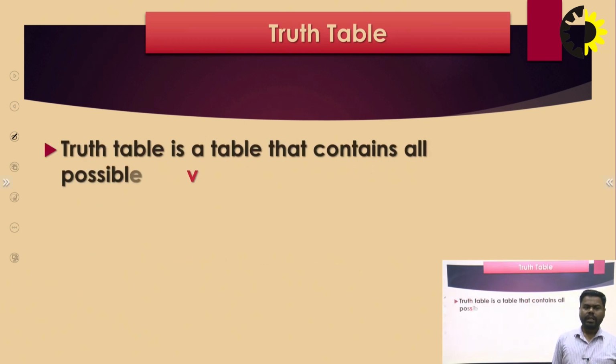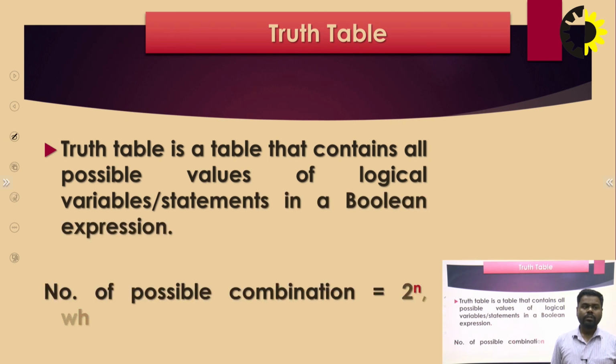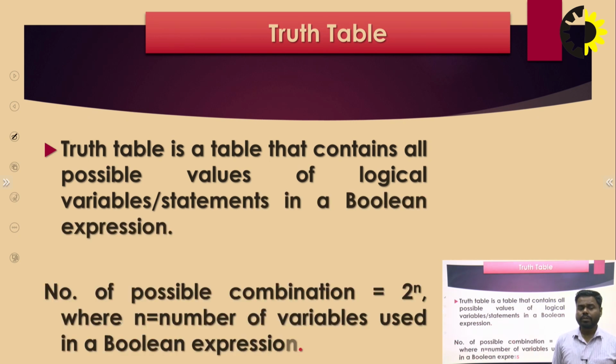As I have told you before, a truth table is a table that contains all possible values of the logical variables or statements in a Boolean expression. The number of combinations is equal to 2 to the power n. If we have two values, 2 to the power 2 is 4.